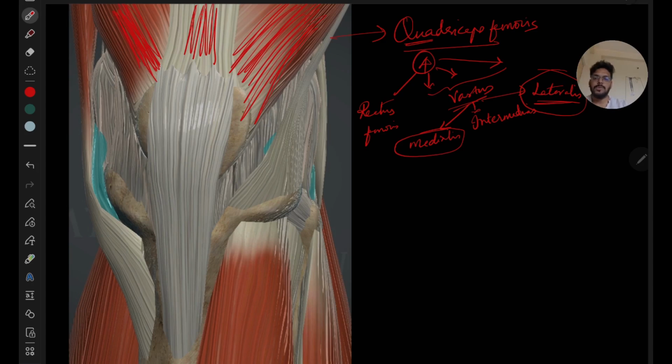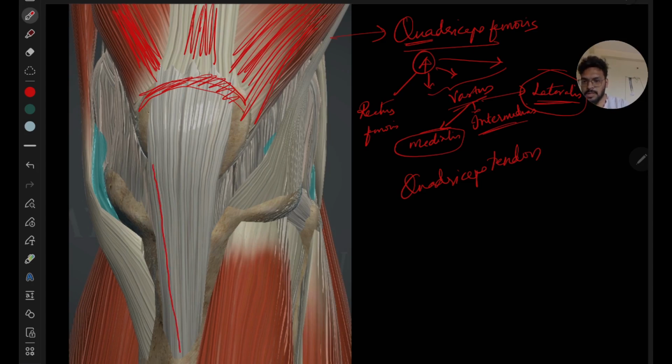Behind the rectus femoris there is the intermedius muscle. All four combine and form the quadriceps tendon, and it is attached to the upper pole of the patella.